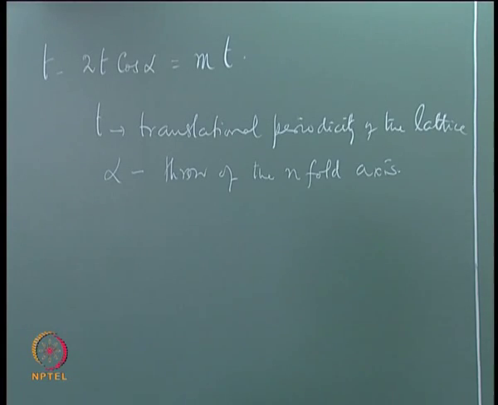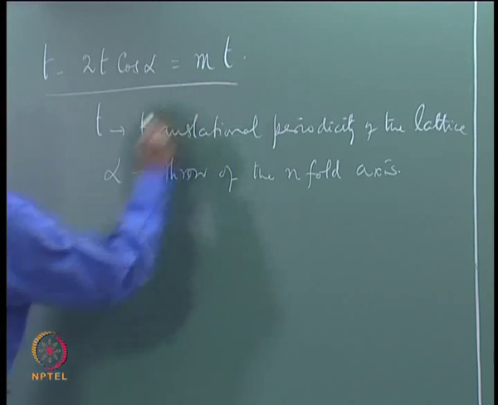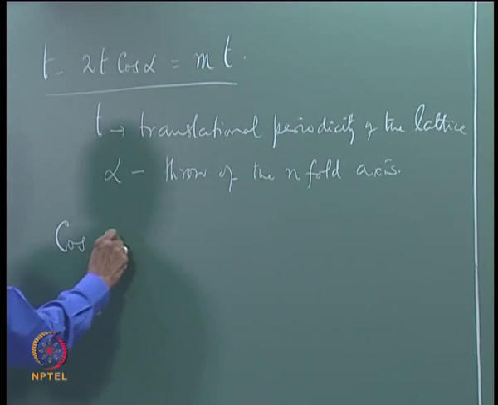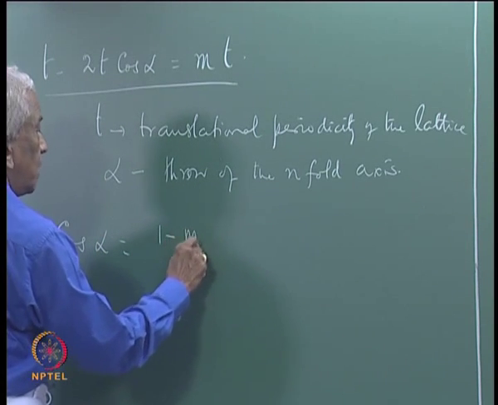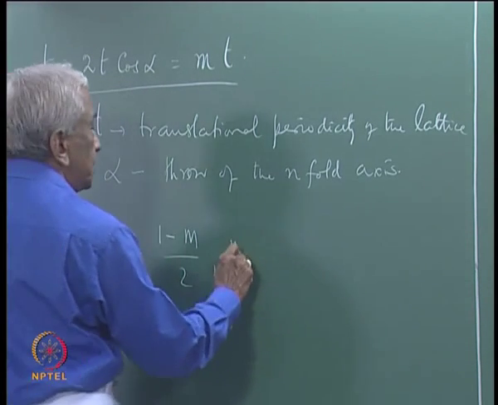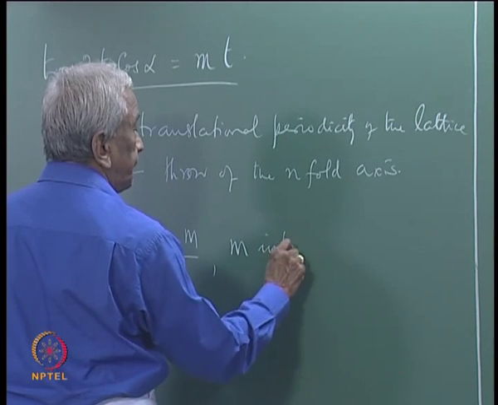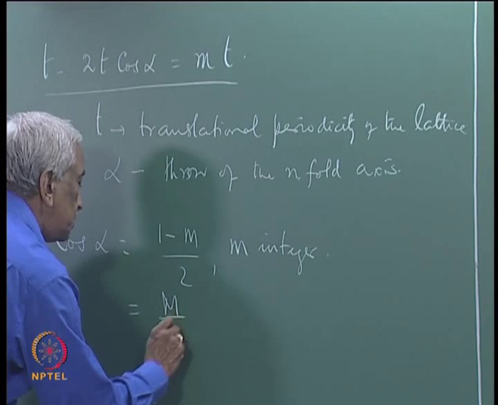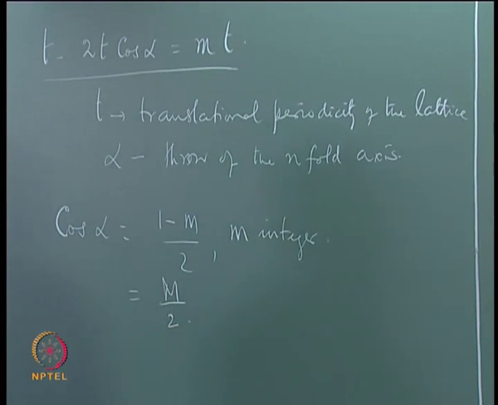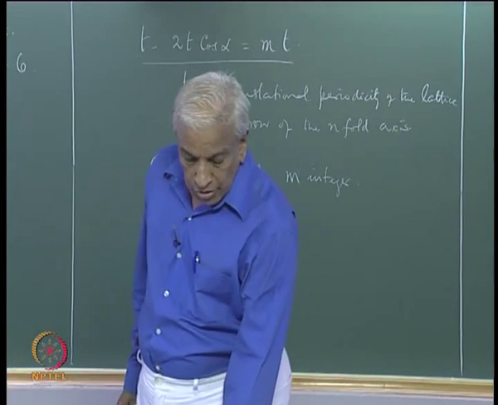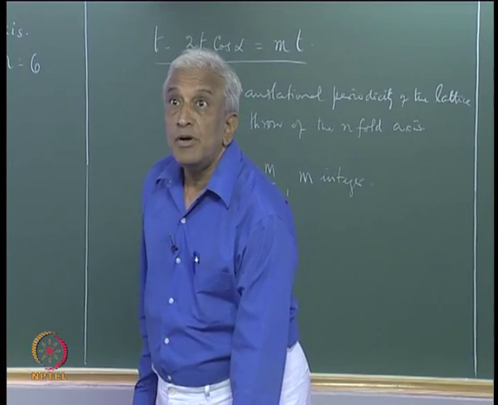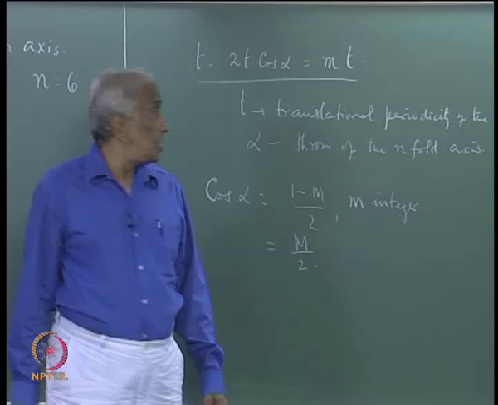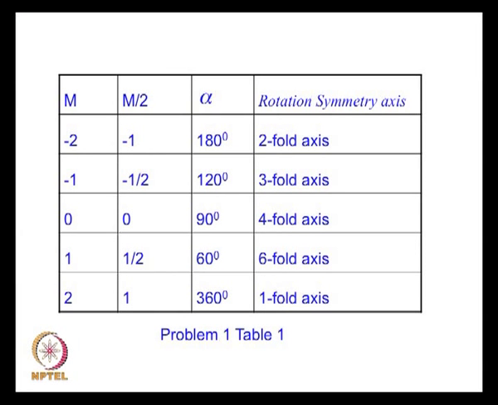So, that would be the condition that has to be satisfied, which gives cos alpha equals 1 minus m by 2, where m is an integer. Since it is an integer, we can also write it as some other integer by 2. And so, the table shows the various values, since cos alpha cannot exceed minus 1 or plus 1.